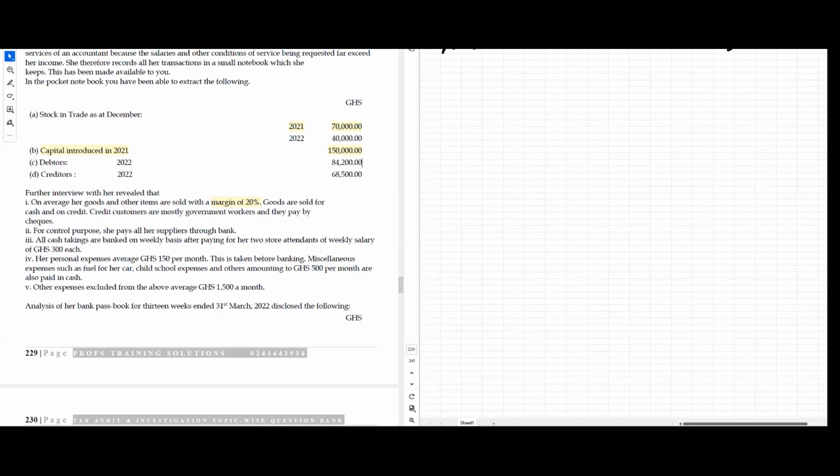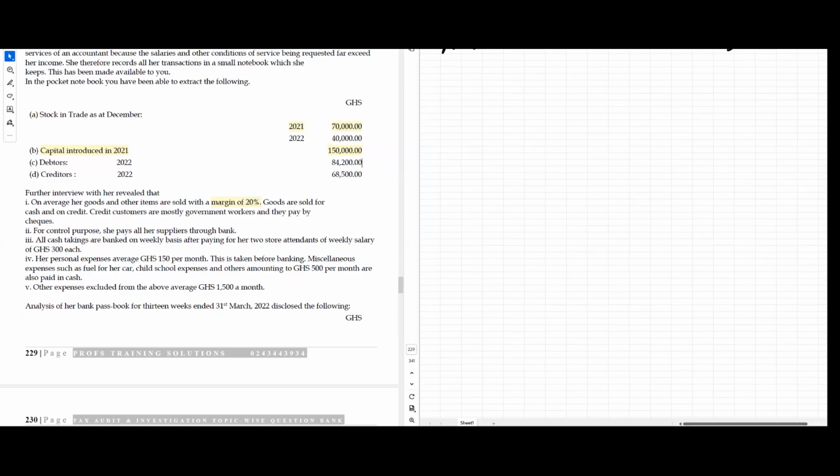Hello, sir, I have a question. Please ask your question. I'm thinking that since the sales figures and purchases figures were generated using her passbook that she had for only 13 weeks, maybe it's unfair that we are using her expenses for all the 12 months instead of the 13 weeks that we analyzed her sales for.